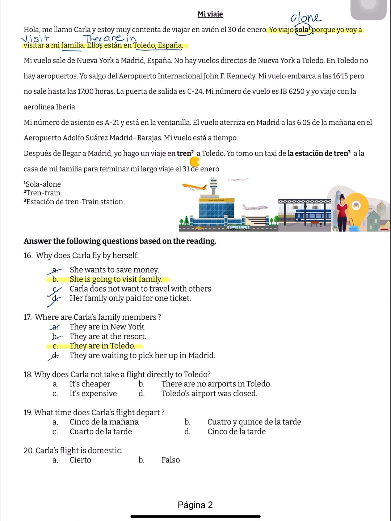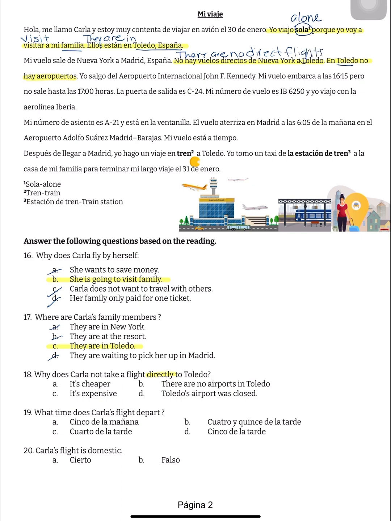Okay, moving on. Why does Carla not take a flight directly to Toledo? So I need to know why it doesn't go directly to Toledo. So then we go over here, and I see that it says, no hay vuelos directos de Nueva York a Toledo. En Toledo no hay aeropuertos. Okay, so there are no direct flights.